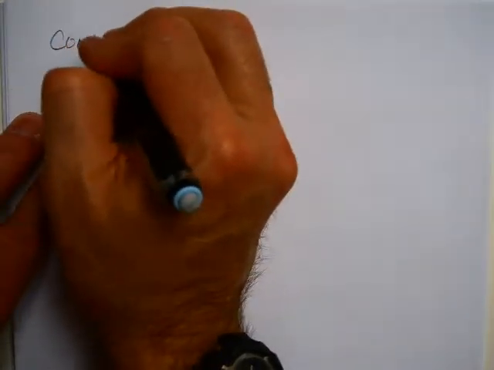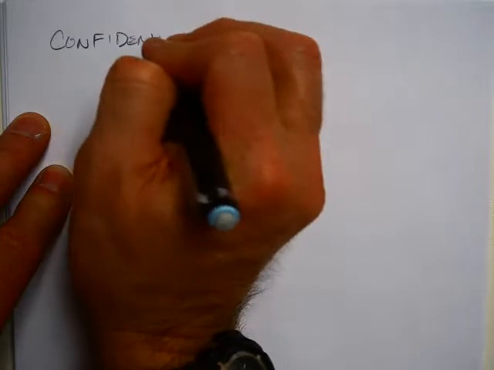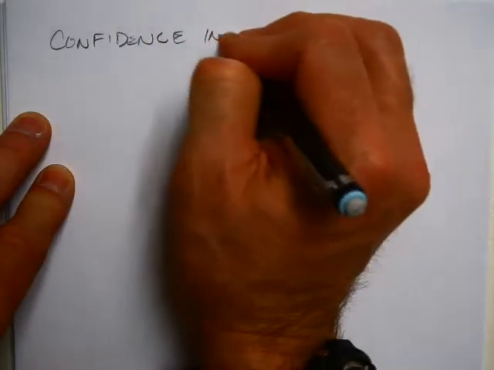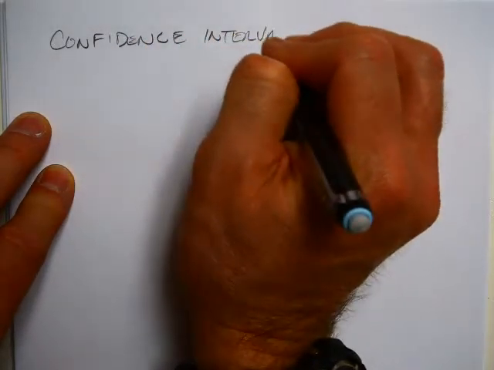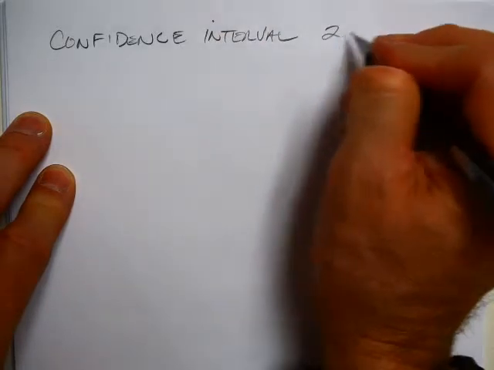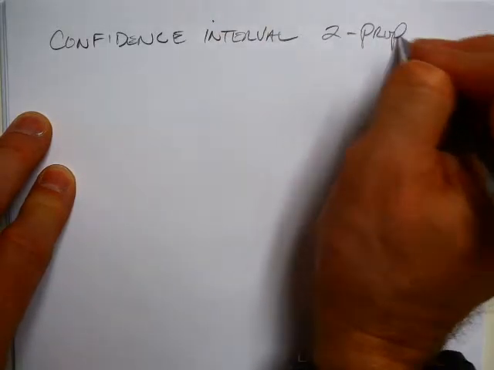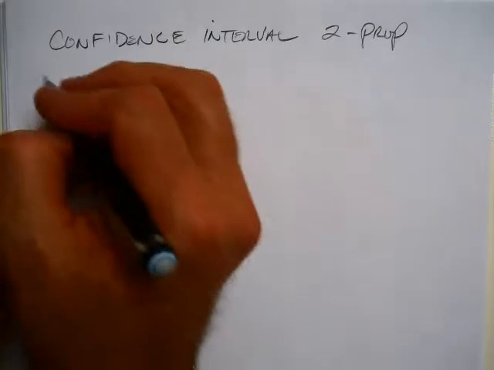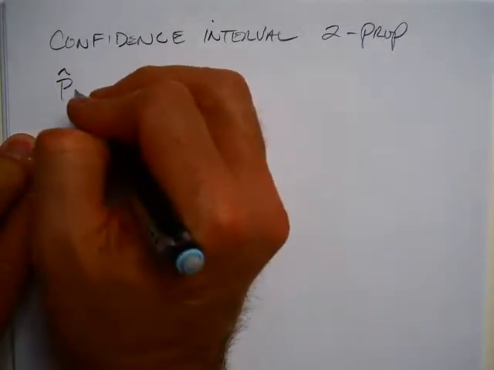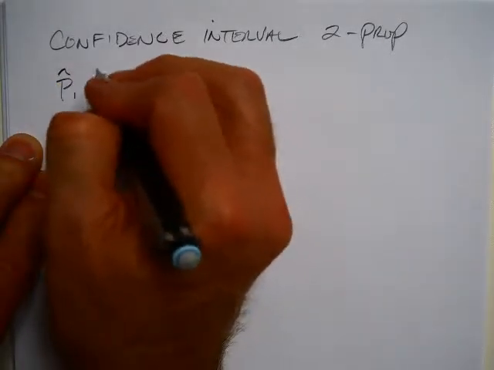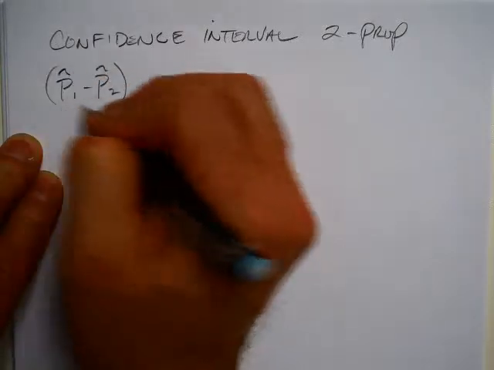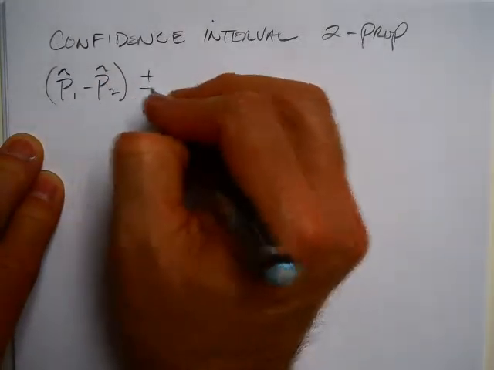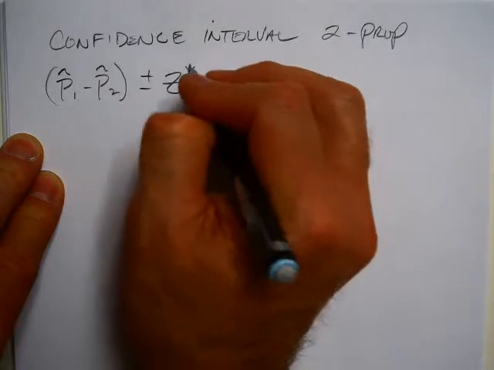So, our confidence interval for two proportions looks like this. P hat 1 minus P hat 2 plus or minus Z star.